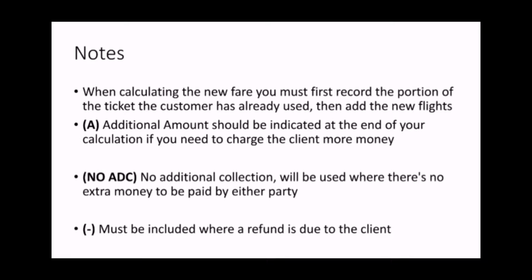We will indicate that at the end of your calculation if there is no additional money that the client needs to pay. And then if there is a refund due to the client at the end of your calculation, you can see that the client needs to be refunded. You will indicate it with a minus.